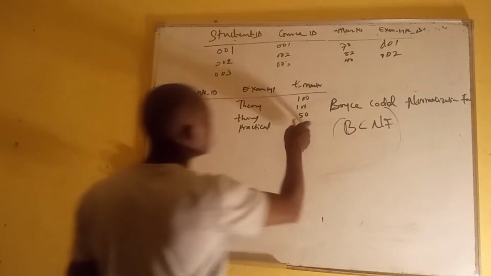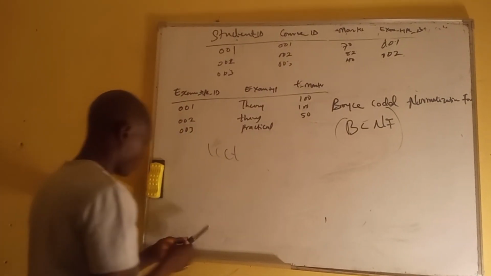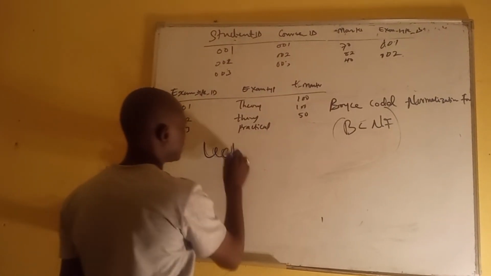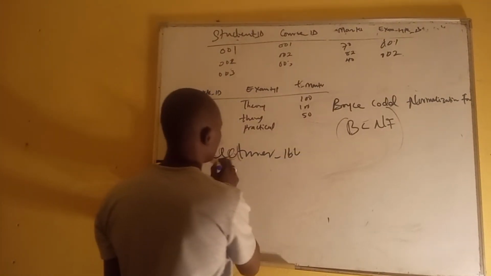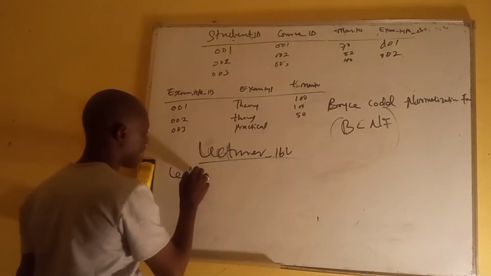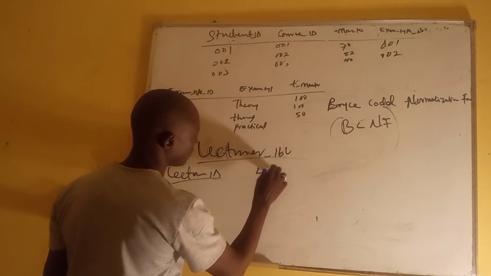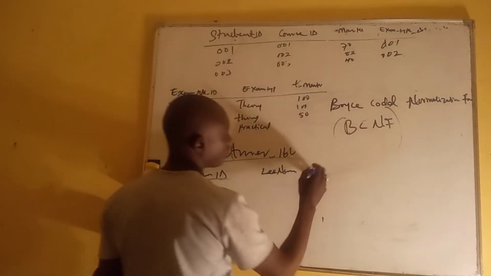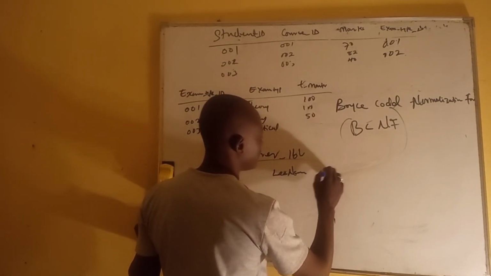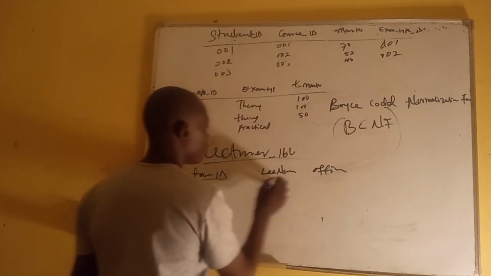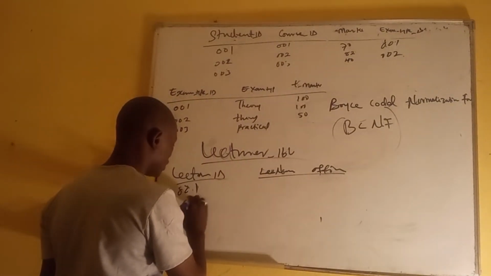So you are coming here to create another scenario called lecturer table. You are going to create lecturer TBL, right? With lecturer ID, lecturer name, the course he's taking, are we together? Or office. So here you are going to have 00, maybe probably 1 and then 2.